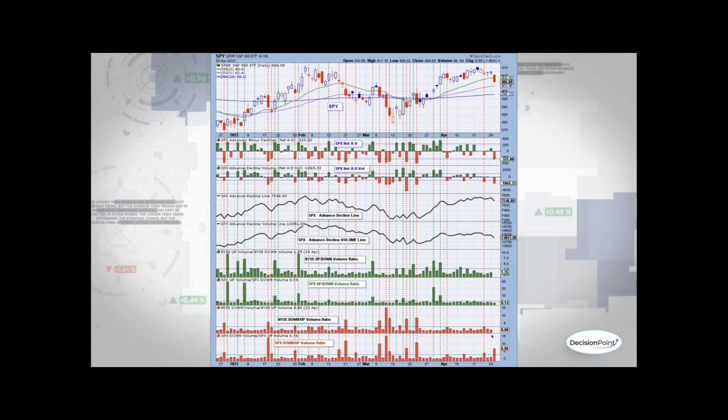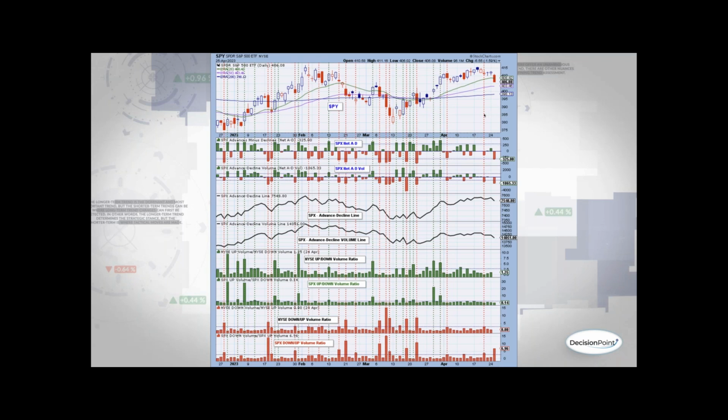So you can see that clearly today had a clear climactic event here with the net AD volume and with the S&P down up volume ratio. These climactic events, we mark them with a red vertical on down days, downside ones, and green verticals for upside climactic days.